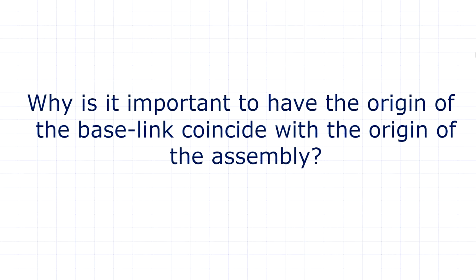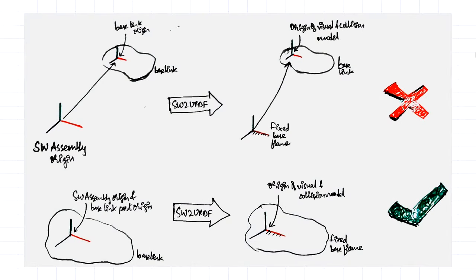At this point, I would like to take a moment to answer the question, why was it important to have the origin of the base link coincide with the origin of the assembly? In URDF, all the child coordinate frames are defined with respect to the coordinate frame of the base link. Now, the SolidWorks to URDF exporter sets the coordinate frame fixed to the origin of SolidWorks as the origin of the base link.